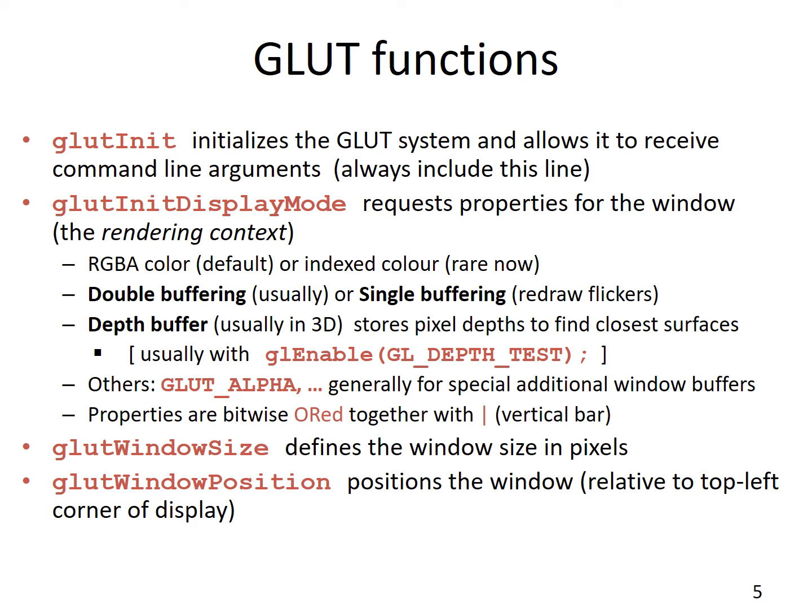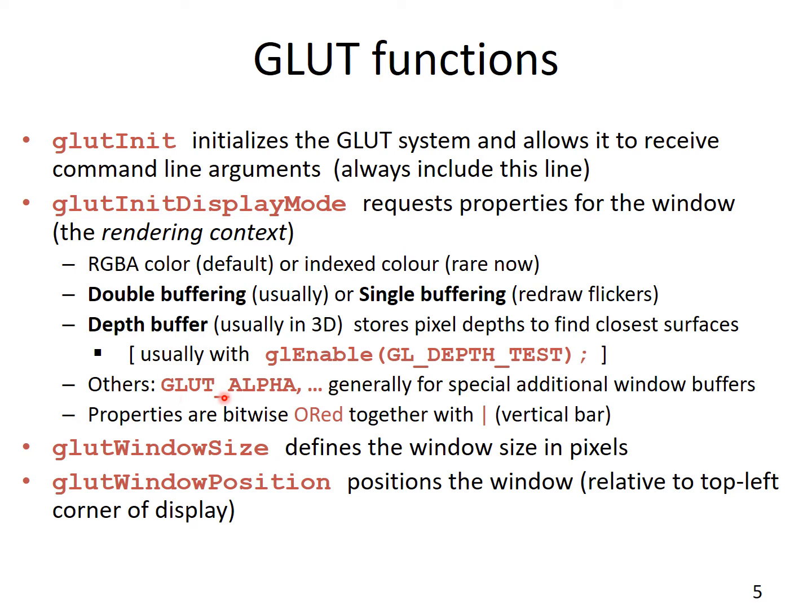Depth buffer is requested when you have 3D graphics. It additionally stores the depth of each pixel with respect to the camera, and this depth value is used to decide which parts would be visible. This is generally used in combination with glEnable(GL_DEPTH_TEST).